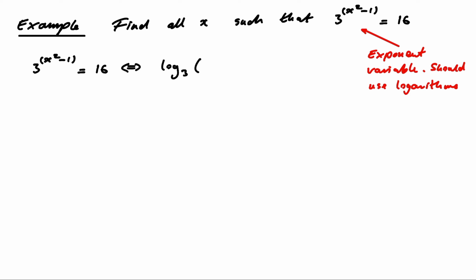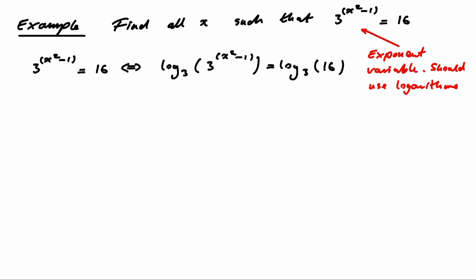Log to the base 3 is a sensible thing to do because of the fact it's a power of 3 on the left-hand side. So log to the base 3 of 3 to the x squared minus 1 is equal to log to the base 3 of 16.